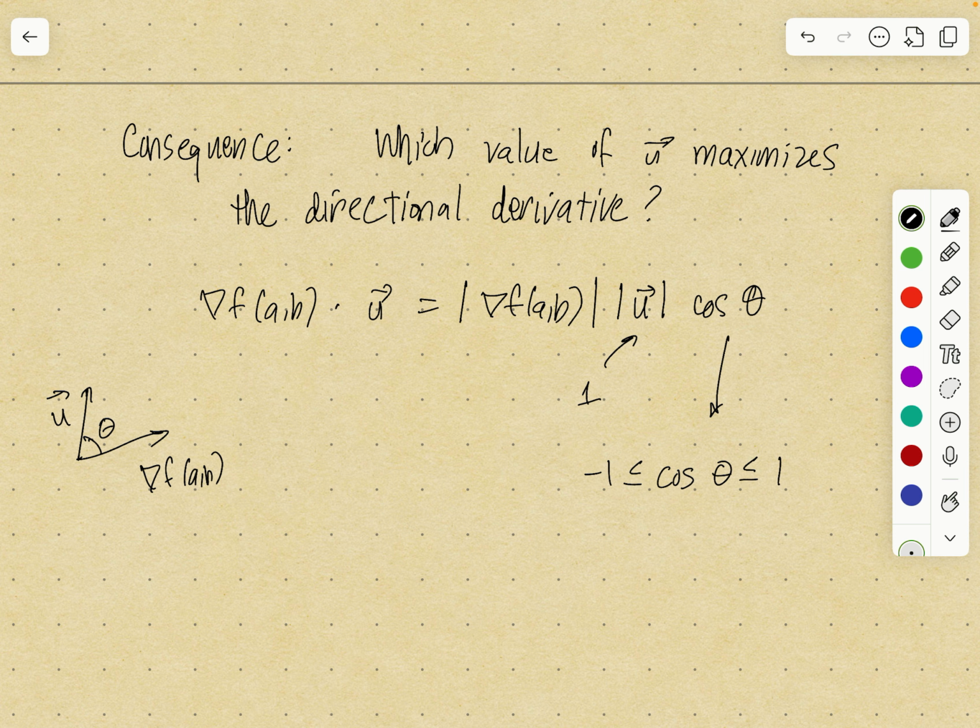So the biggest value of this is when cosine of theta is 1. So this is maximized when cosine of theta is 1. Well, what theta makes cosine equal to 1? 0, right? I.e., when theta is 0.